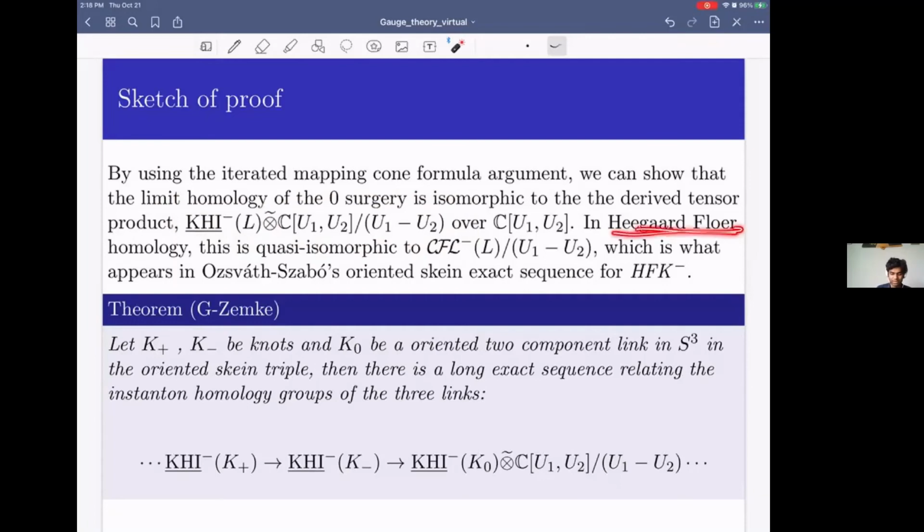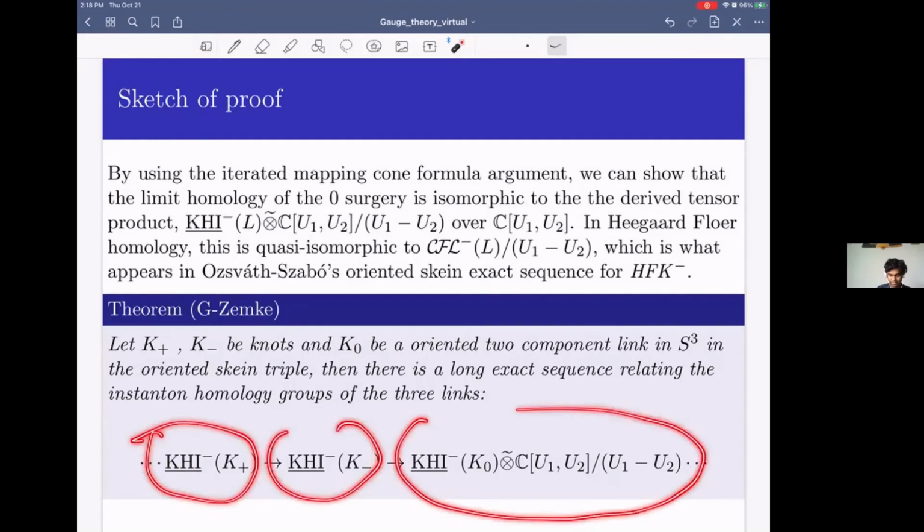In Heegaard Floer theory, what Ozsváth–Szabó do is use the chain complex for the minus version modulo U1 minus U2. But in Heegaard Floer theory, these two are quasi-isomorphic. So that is what we are claiming. The exact sequence we have for a knot K plus, where K minus is a knot and K0 is a two-component link, is this, and the third term is the derived tensor product.